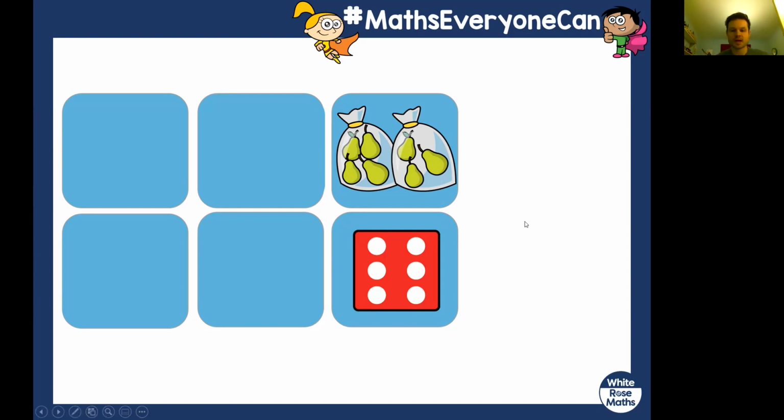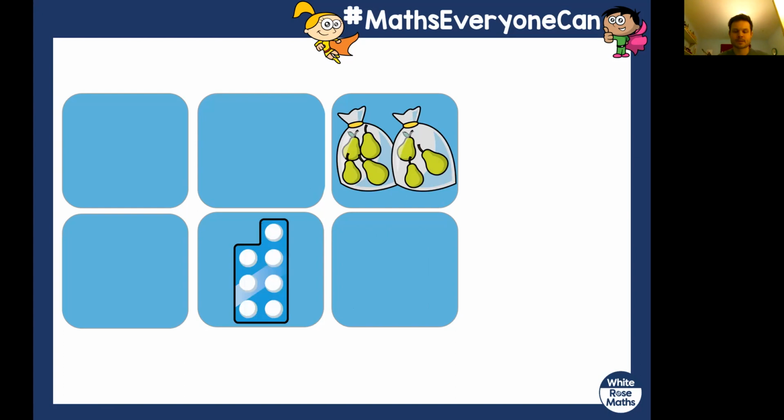So we're going to leave those two there and click on another 2 cards and see if these two match. Okay, so we've got our pairs again. So we know that the pairs in the 2 bags are 7. So we've got 7 pairs. What's this piece of Numicon down here? How many holes can you see in that piece of Numicon?